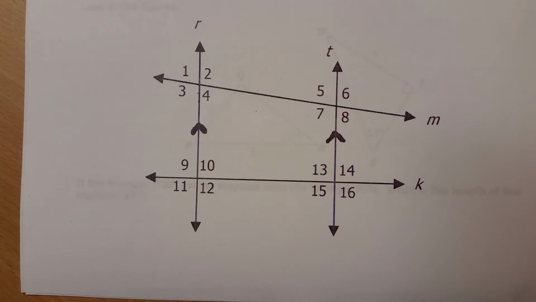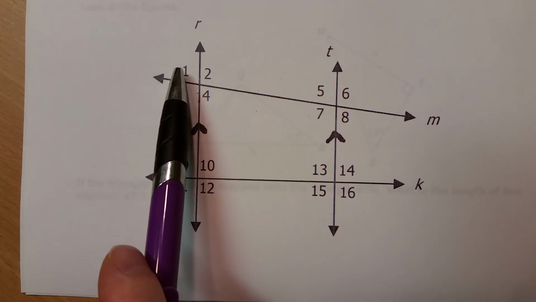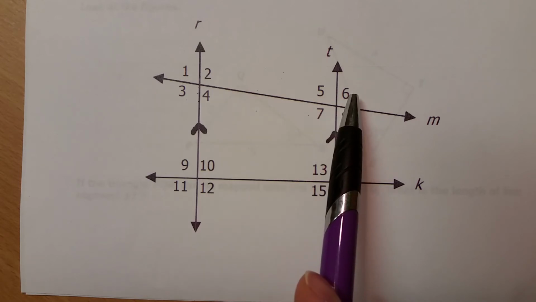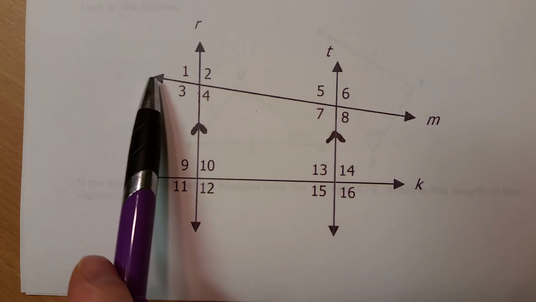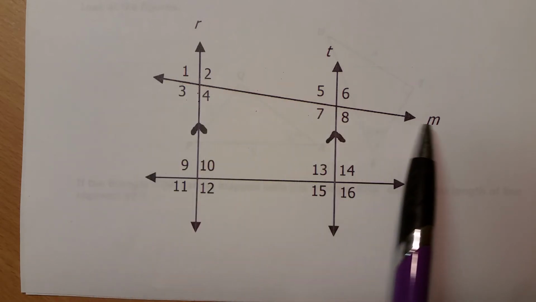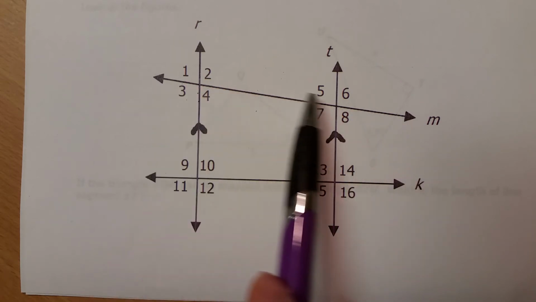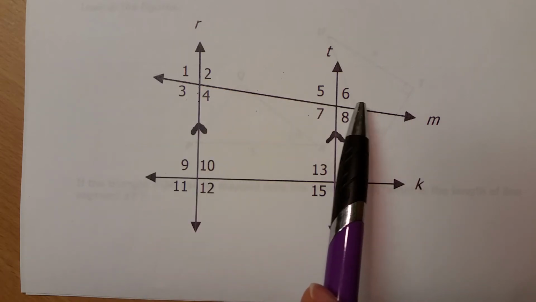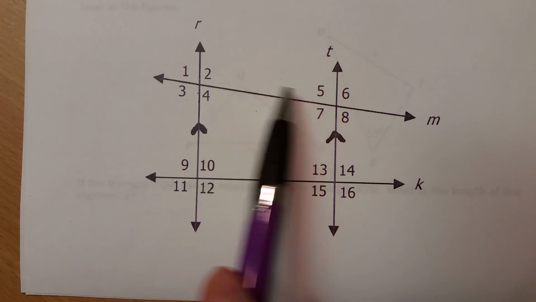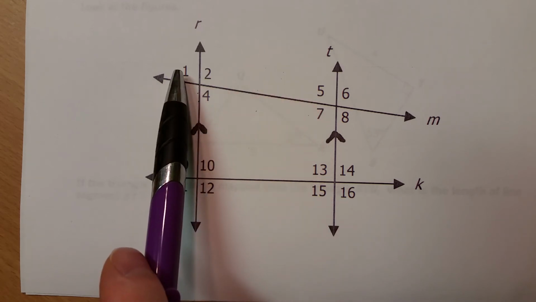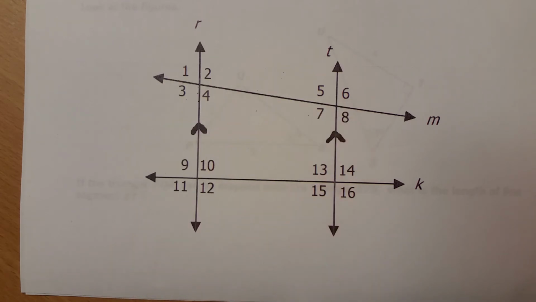How about angles 1 and 6? Here's 1, 6. Line M is the transversal. 1 and 6 are both on the same side, and they are not between, so they're exterior, so those are consecutive exterior or same side exterior.